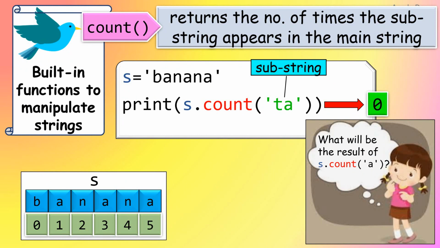What will be the result of s dot count A, the character lowercase a? So look at the string s in banana. A is appearing 3 times. So s dot count A will give the output 3.